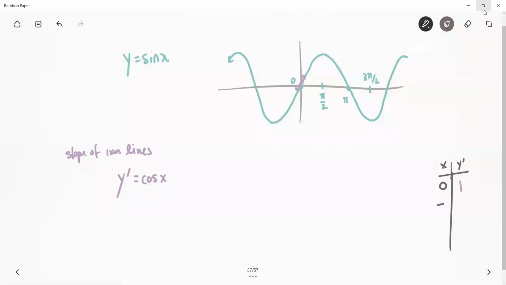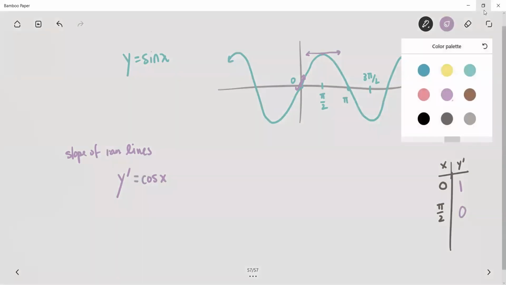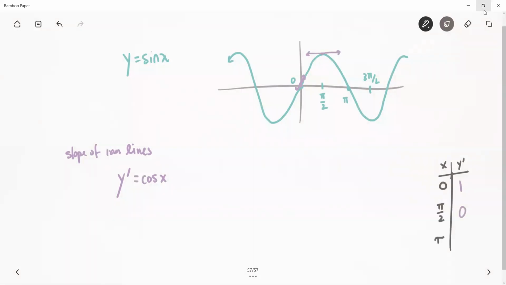What about at pi over 2? What is that tangent line? That looks like this, right? What slope is that going to be? That's definitely going to be 0. Then we can look at pi. So that tangent line is going to look something like this. And if you zoom in really closely, you're going to see that the slope of that is -1.